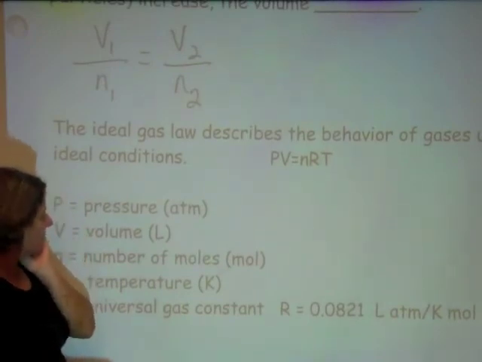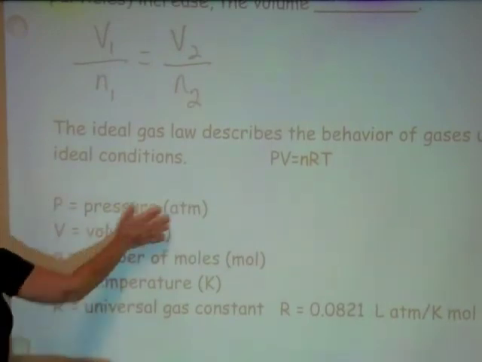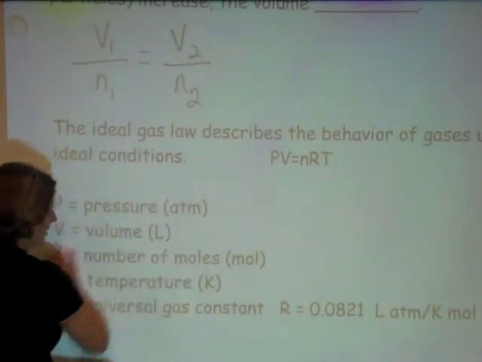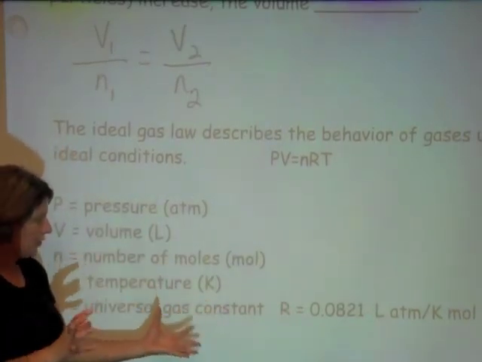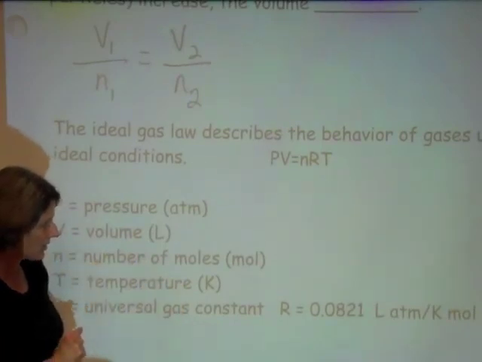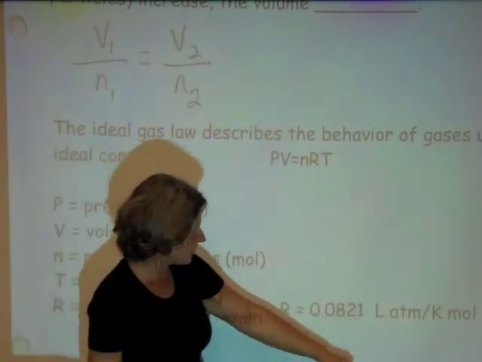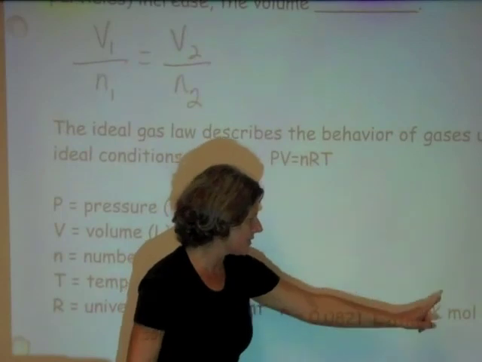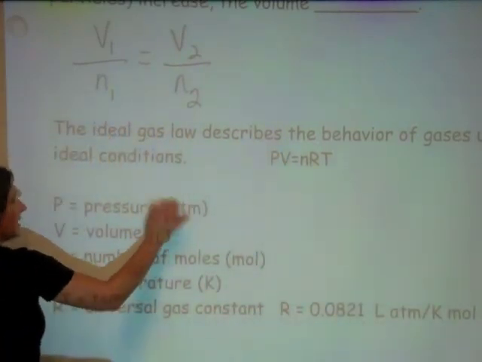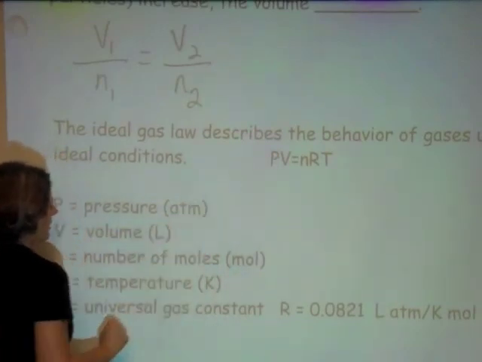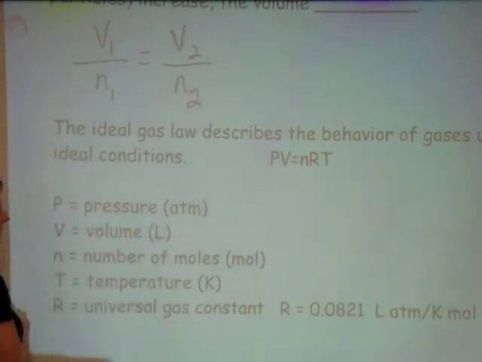Now, the one thing to keep in mind is that with the ideal gas law, because we are using the universal gas constant here to relate all of these quantities together, and the units for that are liter atmospheres per Kelvin mole, our pressure has to be in ATM to use this. Our volume has to be in liters.